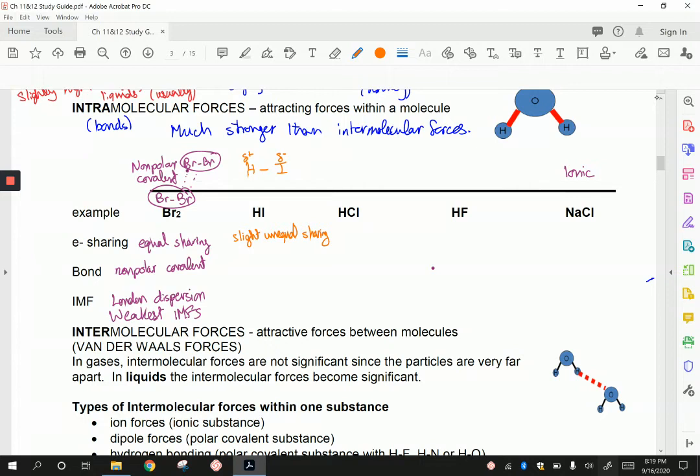We call this a moderately polar or slightly polar bond. So covalent though.